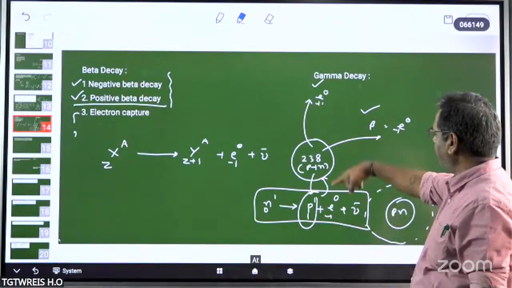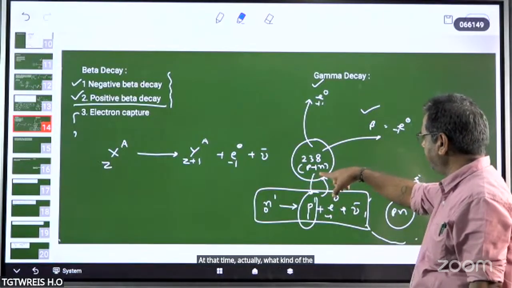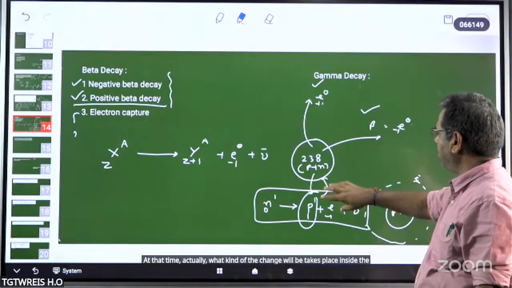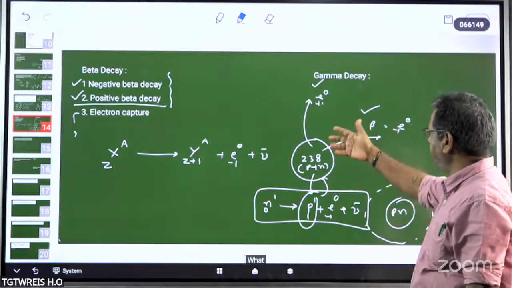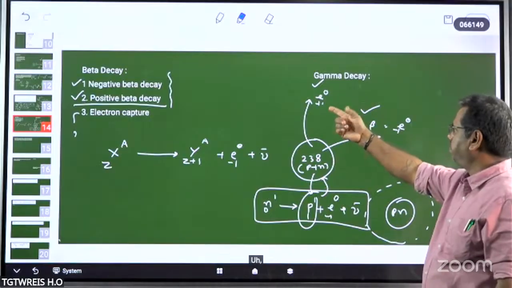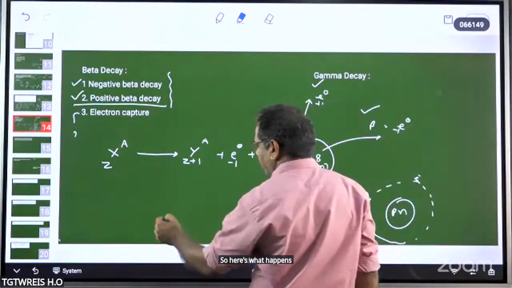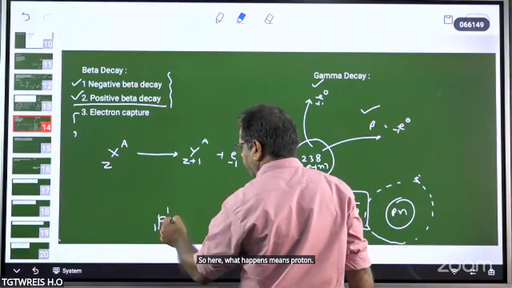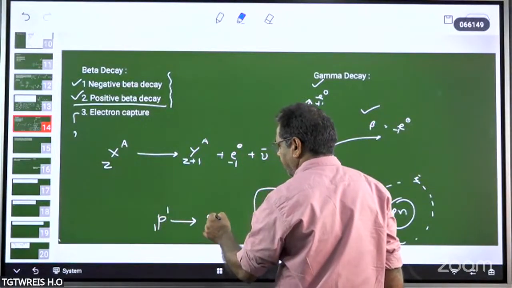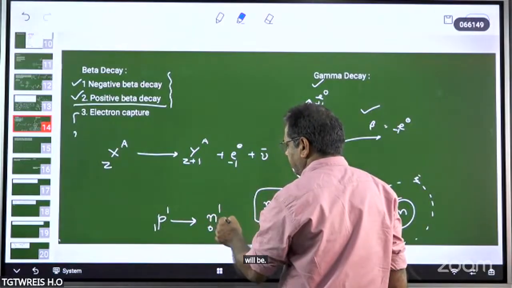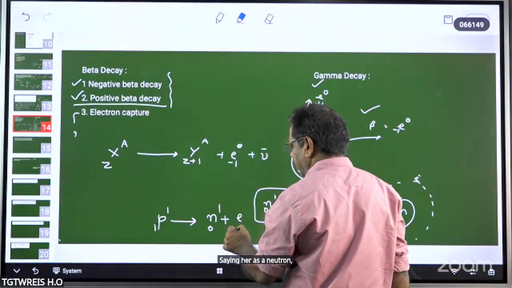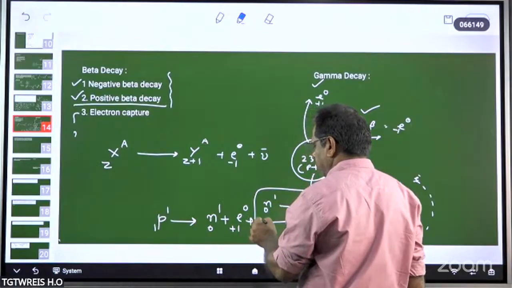At that time, what kind of change takes place inside the nucleus? What particle makes that positron come outside? So here, a proton is changed into a neutron and a positron.